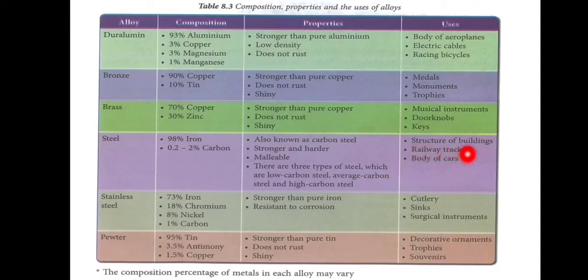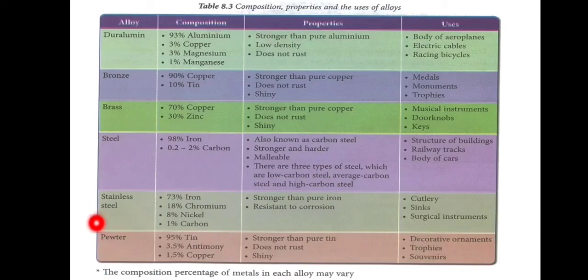So this one is for structure of buildings, railway tracks, body of cars. Stainless steel, 73% iron, so lower than steel, 18% chromium, 8% nickel and only 1% carbon. So this one is stronger than pure iron and resistant to corrosion. So this one is for cutlery, sinks and surgical instruments.